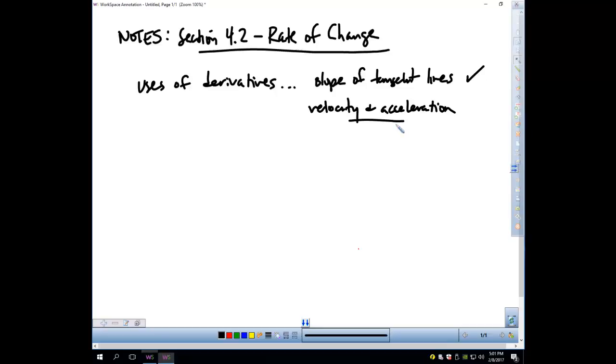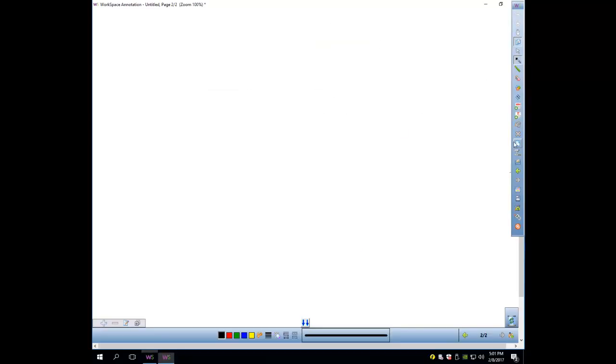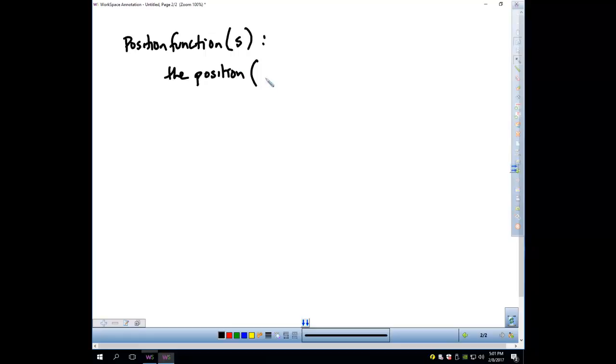Alright, so let's just get a little bit of common terminology here. Position function, we're going to abbreviate that as s. The position function is the position as compared to the origin, or as compared to the x-axis, how high something is.